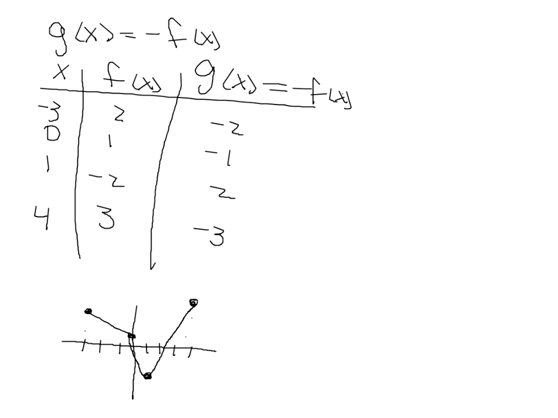This new one has points -3, -2, 0, -1, 1, 2, and 4, -3. So when I graph -3, -2, 0, -1, 1, 2, and 4, -3.